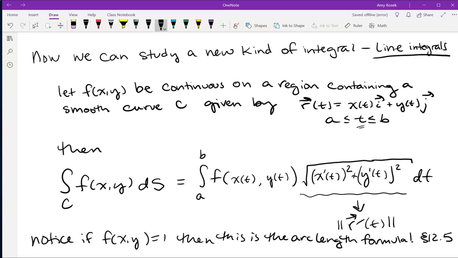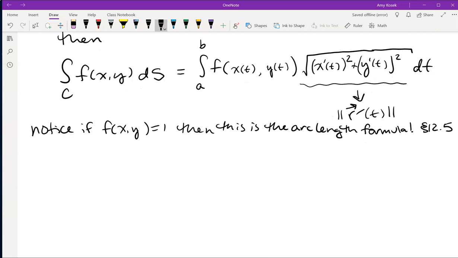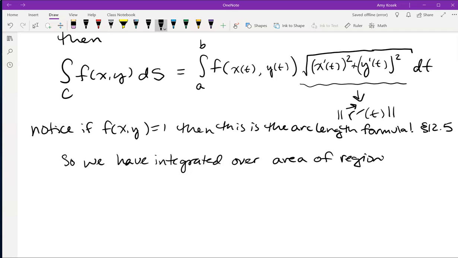So it's sort of analogous to that idea of how we have done integrals where we have integrated over areas of regions. So that was like our double integrals. That's like when we did the double integral over R of some function and we would do it dA.